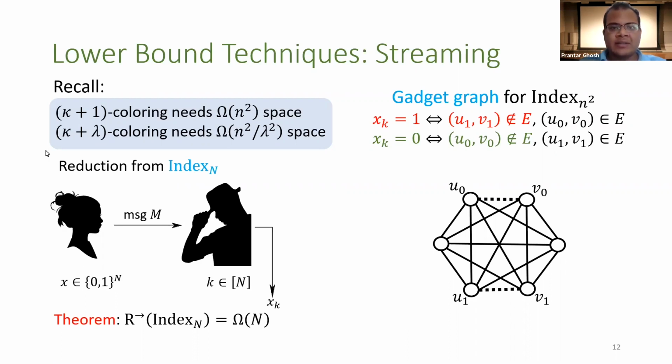And in the xk equal to 0 case, it's the other way around. So in the xk equal to 1 case, our graph would look like this clique minus 1 edge structure, and thus U1, V1 will be assigned the same color by a kappa plus 1 coloring algorithm. And in the xk equal to 0 case, it would assign the same color to U0 and V0. Therefore, just by outputting the i such that Ui, Vi have been assigned the same color, we solve the Index_n squared problem, and this gives our corresponding lower bound.